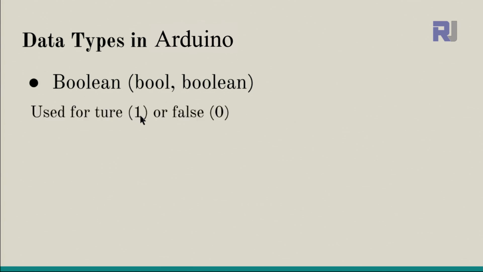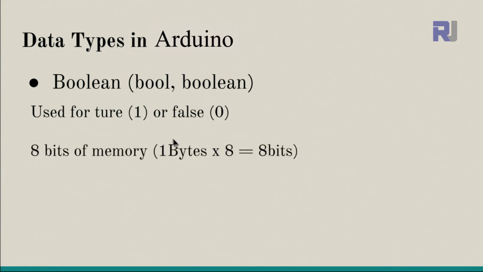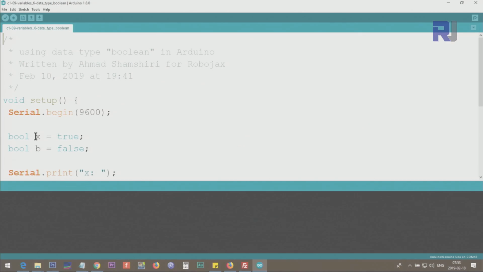We have also another data type called Boolean, and it can be written as bool, B-O-O-L, with a lowercase b, or with the full word boolean with a lowercase b. It is used for true, 1, or for false, 0. It occupies 1 byte, which is 8 bits of memory. Here is how you define it.